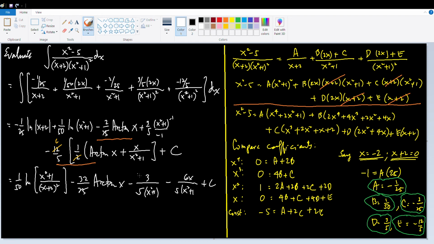Negative 12 over 5 times one half is negative 6 over 5 times x, so negative 6x over 5 times x squared plus 1.